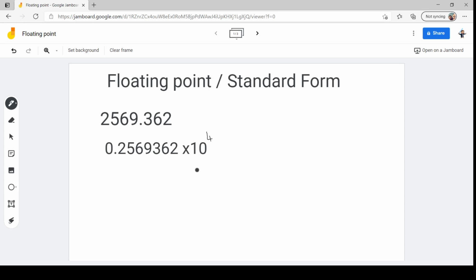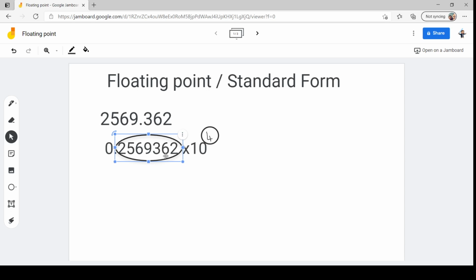Now, in computing, you'll be asked to look at a number like this one, and you will have to identify two separate parts of the number. Those parts would be this part here, and the whole number without the decimal point in it.